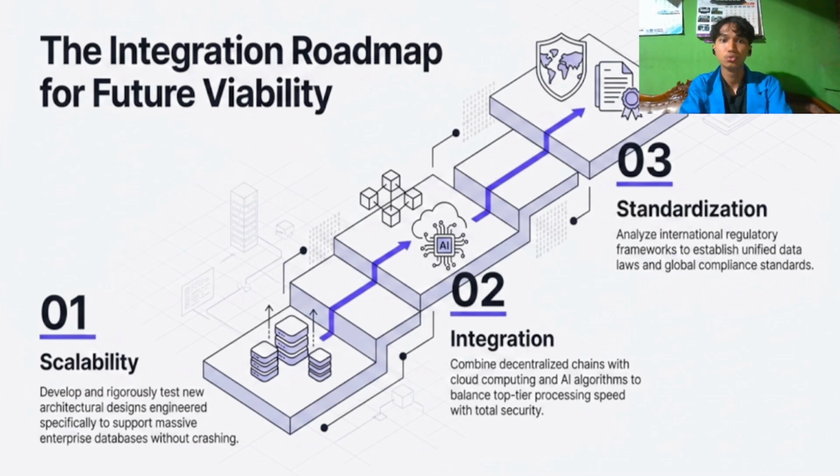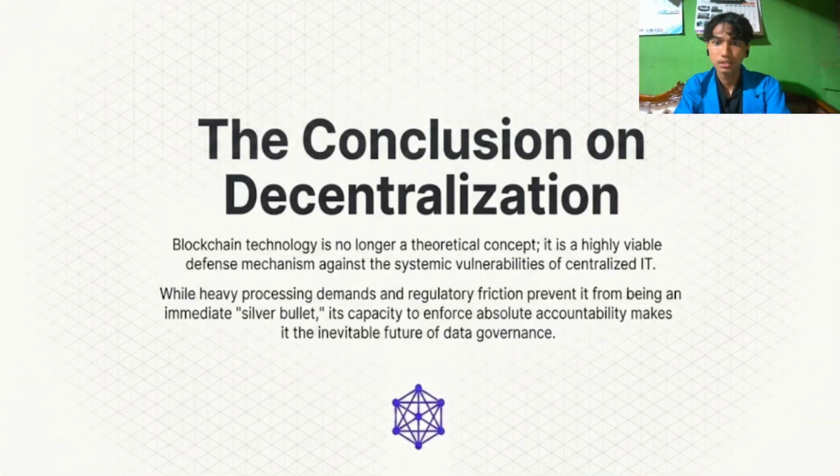This brings us to the final conclusions of this presentation. The conclusions on decentralizations. In conclusion, blockchain technology is no longer a theoretical concept. It is a highly viable defense mechanism against the systemic vulnerabilities of centralized IT.